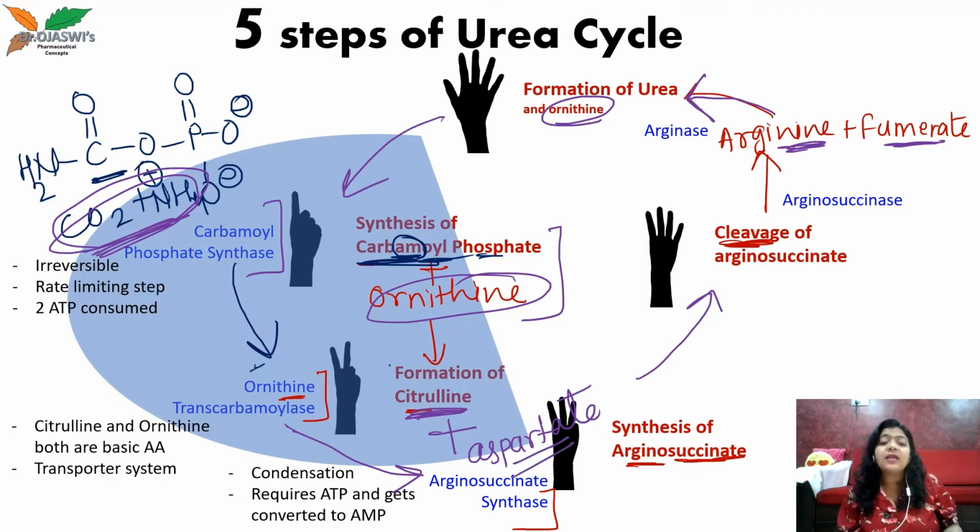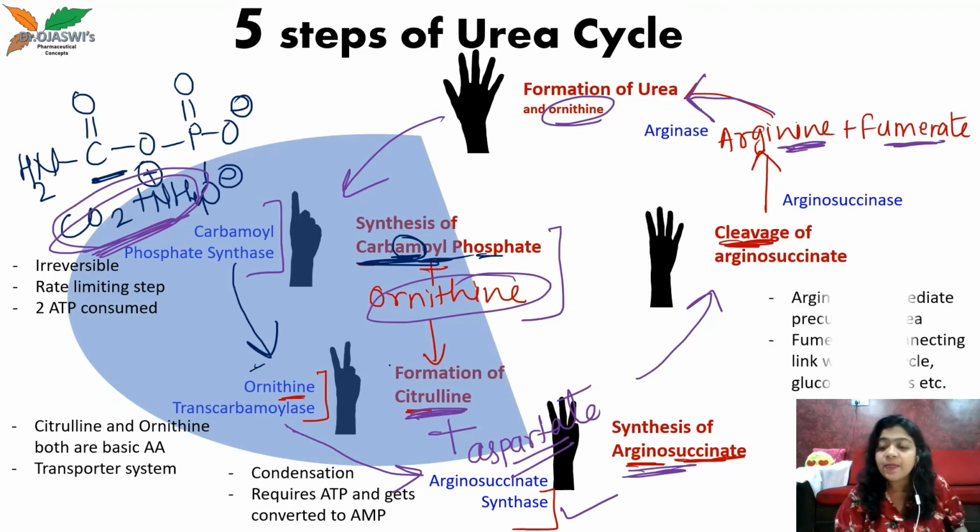So citrulline and aspartate are getting condensed and forming arginosuccinate with the help of this enzyme. Aspartate, you remember on the earlier slide we have seen that one of the amino groups of the urea is coming from this amino acid.